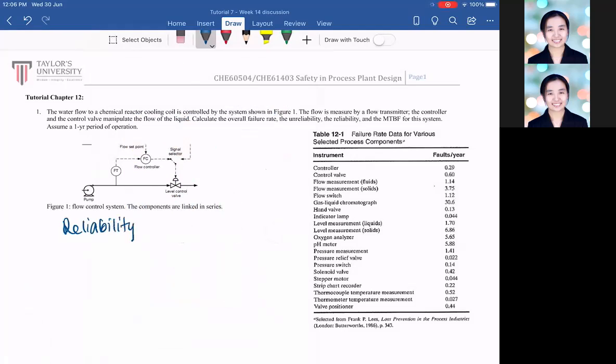Reliability is given by the formula e to the power of minus mu times t, where mu is the fault per year, which is this data, and the time is 1 year. So in that case, you can straight away use, let me just open up my calculator.